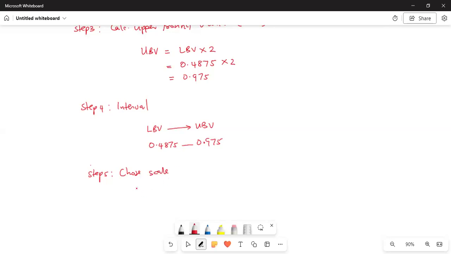Okay. So note, choose suitable value from the interval.